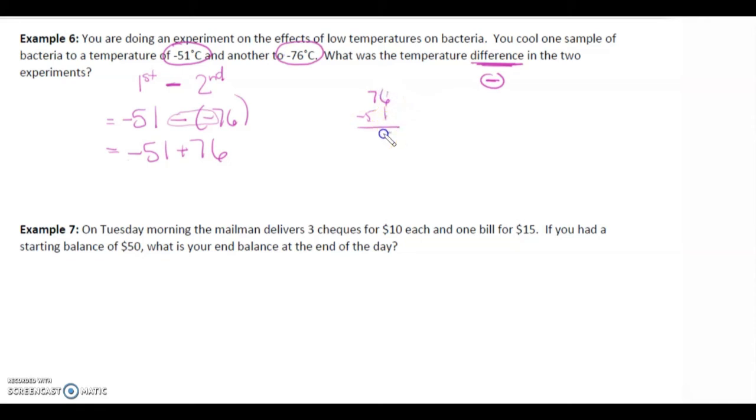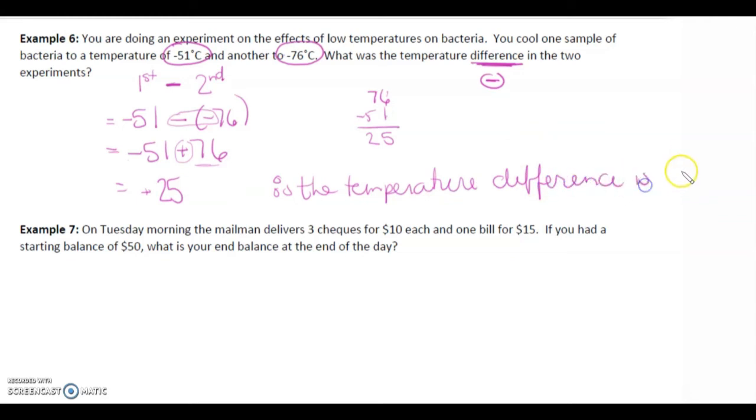So 6 minus 1 is 5, 7 minus 5 is 2. Okay, so our answer is going to be 25, and we're going to take the sign of the bigger number, which is positive. So therefore, the temperature difference is 25 degrees Celsius.